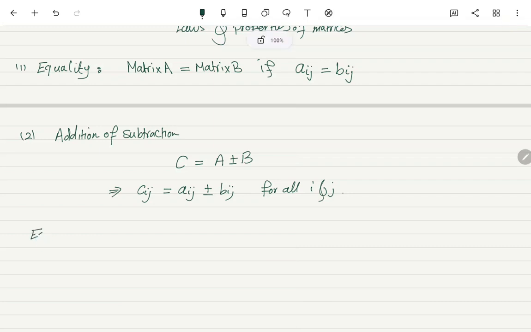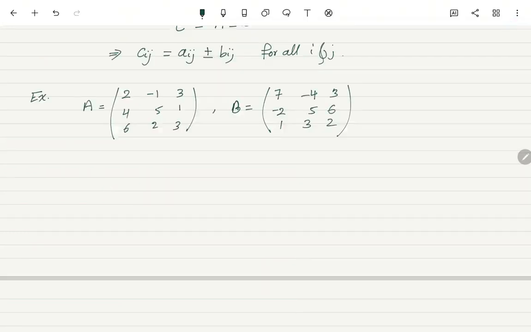Example: if A is a matrix, this one here, and B is a matrix, this one here. Now, as we can see here, A is 3 by 3 and B is 3 by 3. The question is: find A plus B and find B minus A. Now, let's start with addition.